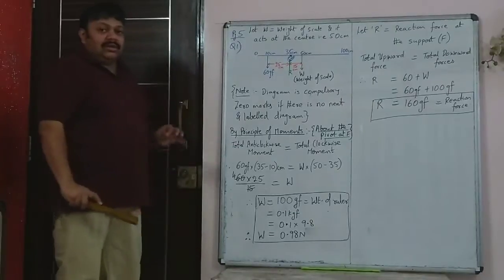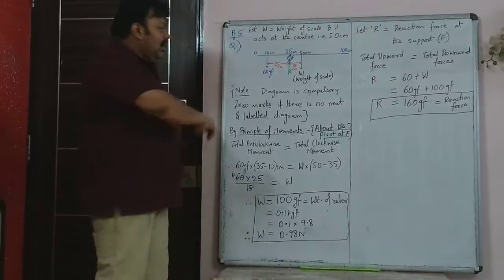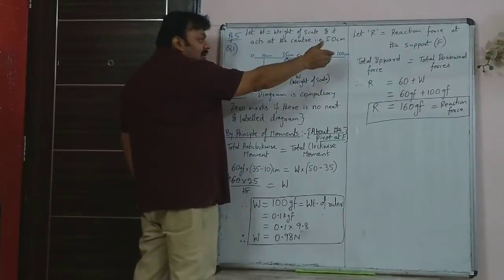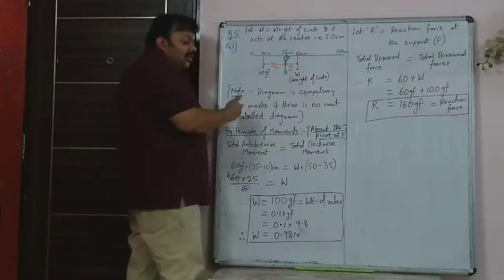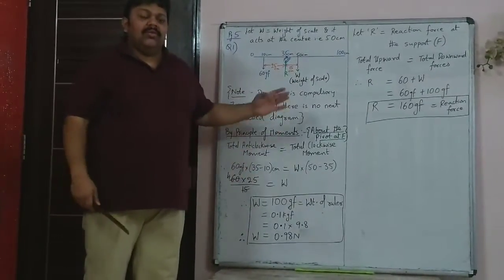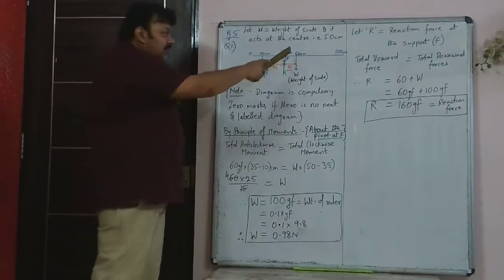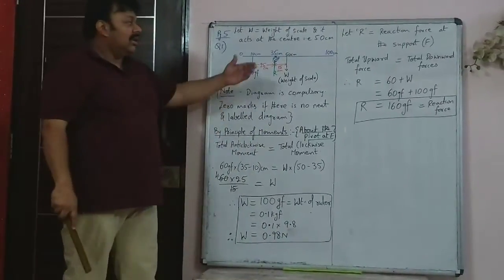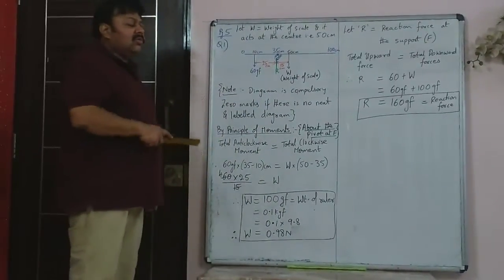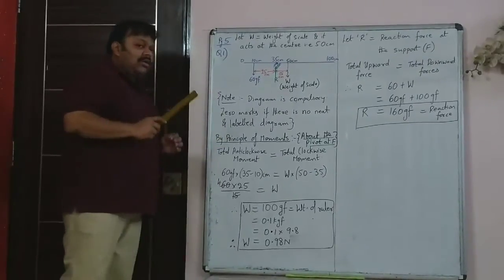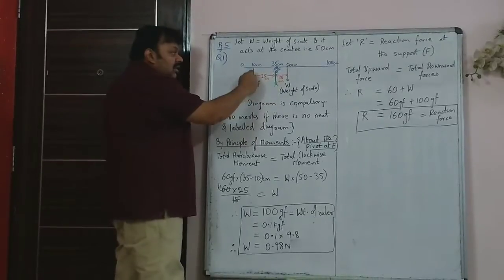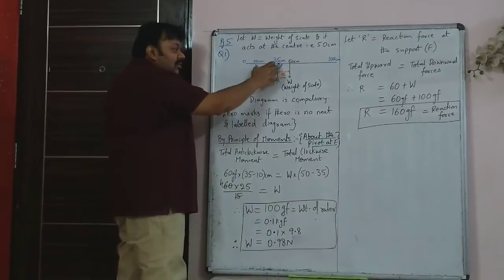Number one thing is to know whether it is clockwise or anti-clockwise. And obviously any weight on the other side, if a person sits on the other side, will produce clockwise moments. So this W, the weight of the ruler, you may say is not given. We have to find it. The weight of the ruler acts at the 50 centimeter mark, that is on the right hand side of the fulcrum, so that will produce a clockwise moment. Now what is moment of force? It is the force into the distance between the line of action of the force and the pivot.